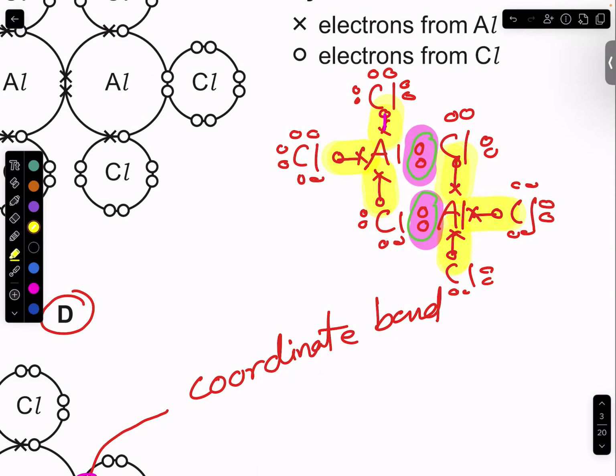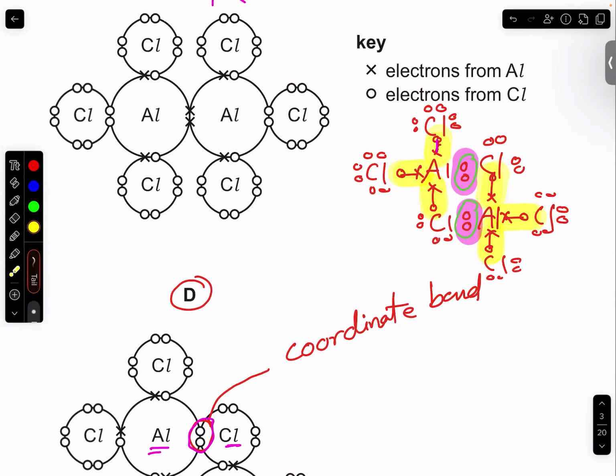But between this Cl and Al there is a coordinate bond, and also between this Cl and Al. So the 2 electrons here and the 2 electrons here will be from Cl. Okay, 2 coordinate bonds between Cl and Al.